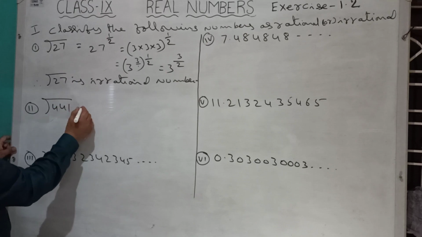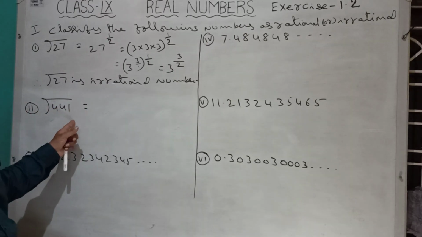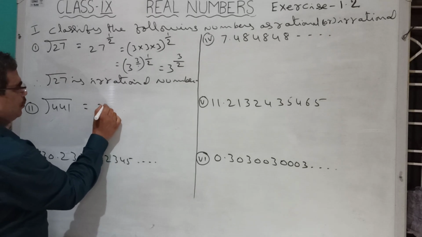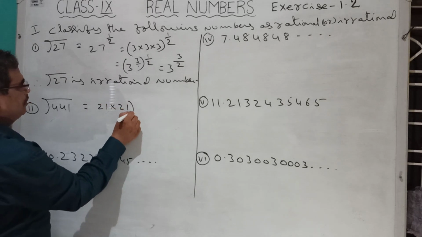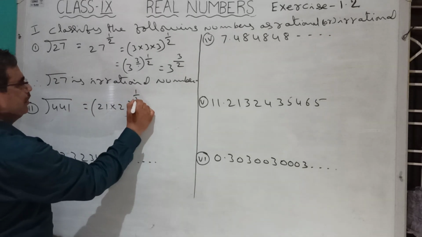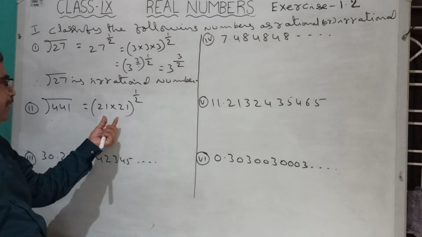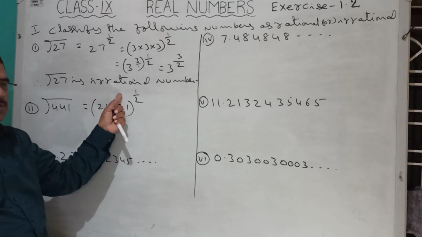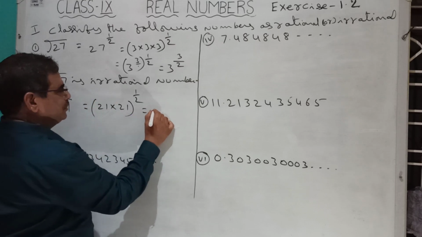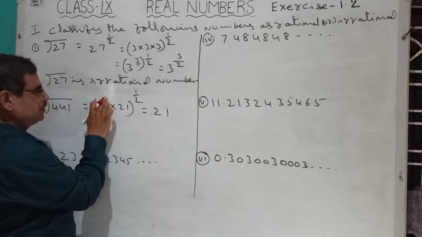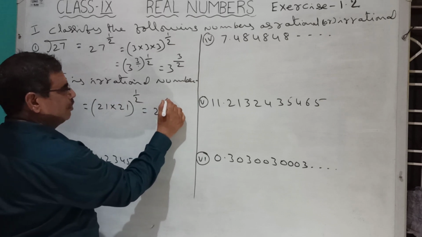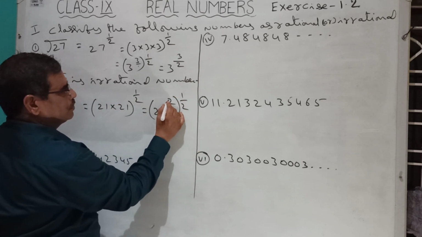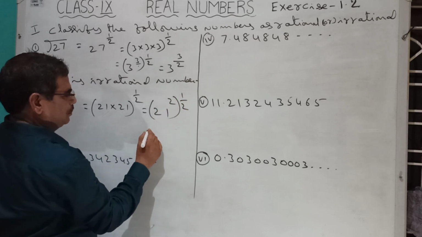So here, root 441. 441 can be written as 21 into 21, whole power 1 by 2. Here the bases are equal, so the powers we can add. So that is equal to 21, with the exponent 1 plus 1, that is 2, over 2.